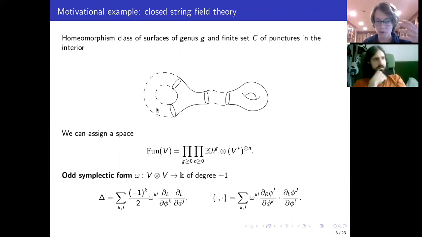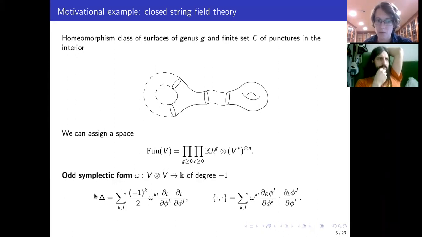And to these closed strings, you can also assign an algebraic version of this picture. You have formal functions, which are symmetric tensor powers of some vector space V, or the graded dual of the vector space V. On this vector space, you have the odd symplectic form of degree -1.